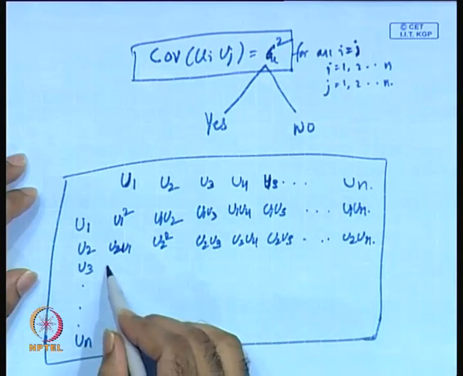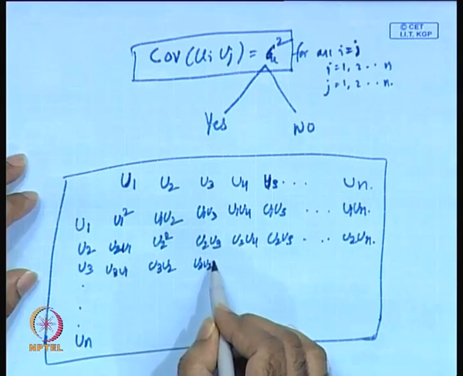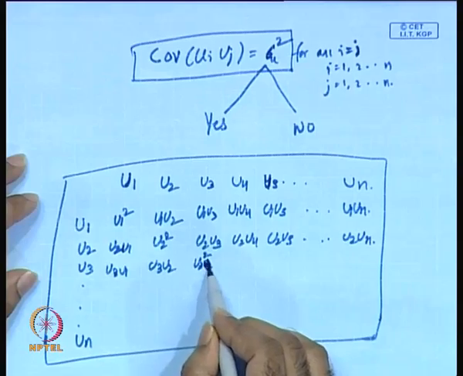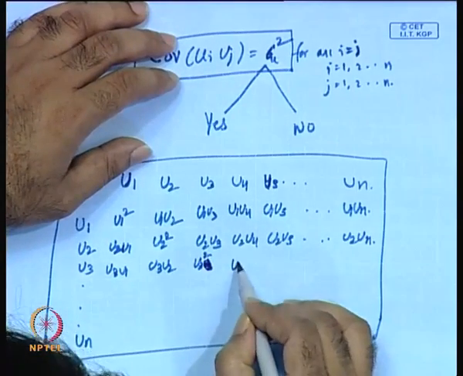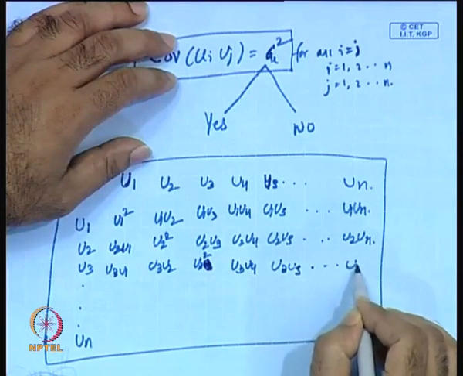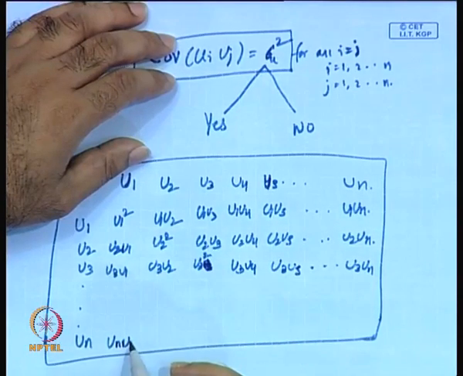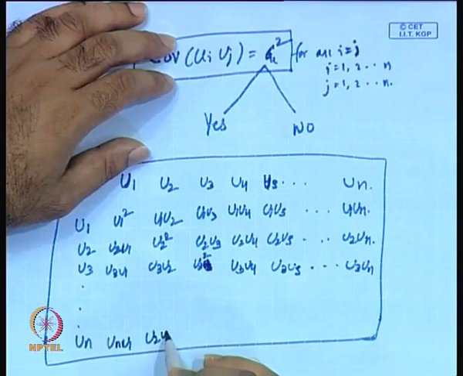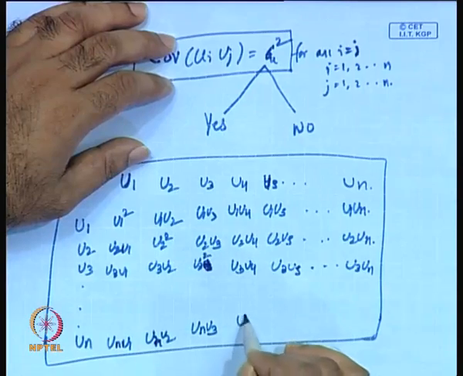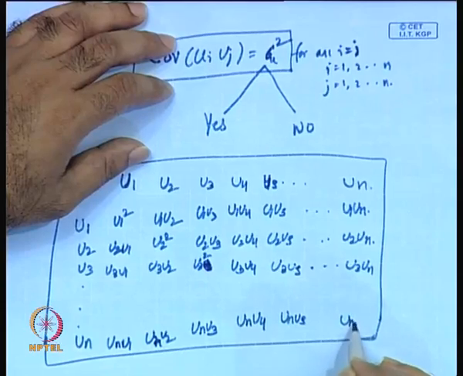Similarly u3 u1, u3 u2, u3 squares, u3 u4, u3 u5, continuing to u3 un. Similarly un u1, un u2, un u3, un u4, un u5, up to un squares.